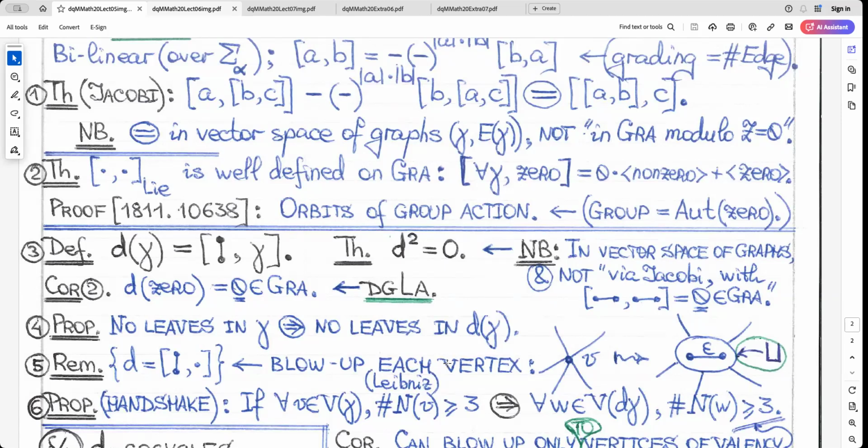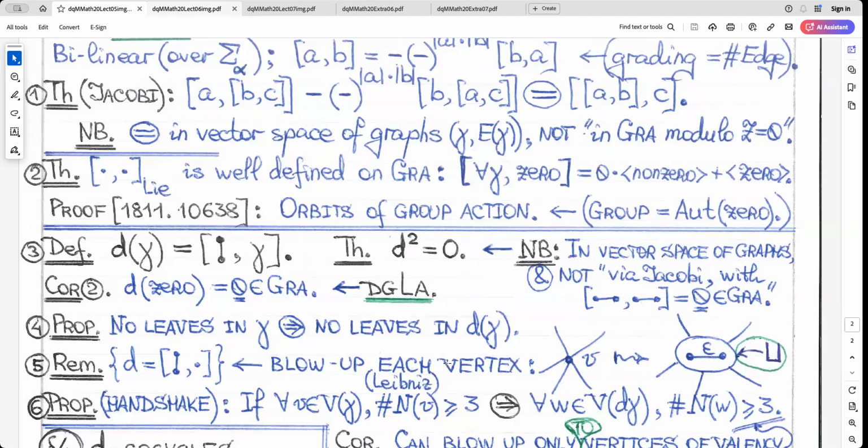This is the Jacobi identity applied to the stick. The stick with itself is 0. Yeah, but you computed earlier the double stick is 0 in the quotient space. But this is in the quotient space, but the claim is that this is a real 0. It is not in the quotient, but up there.